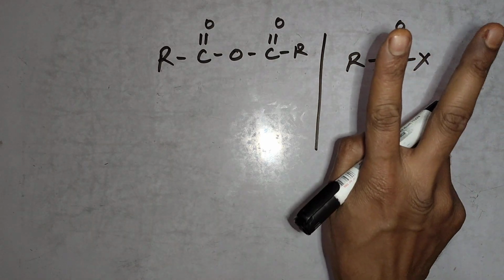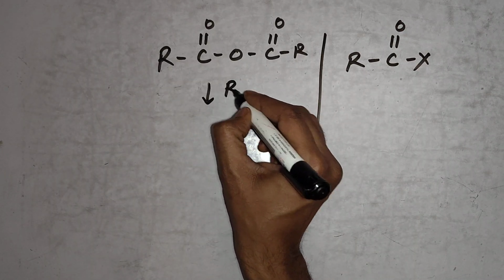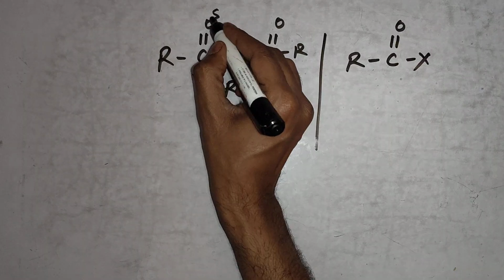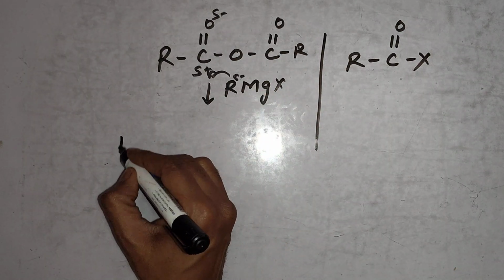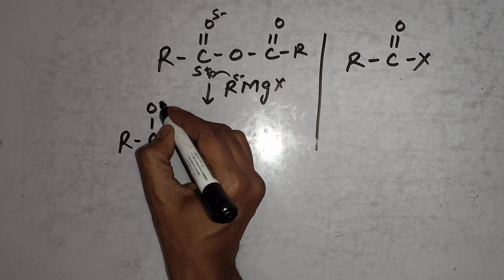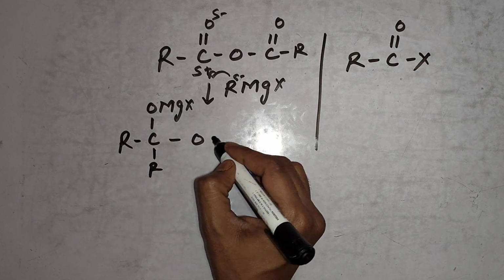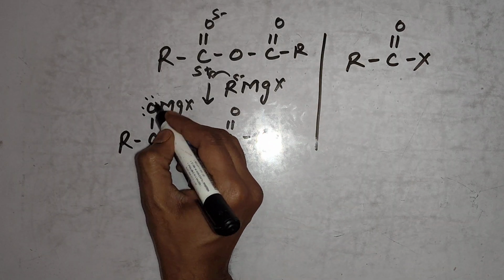Two molecules of RMgX will be required here. Let me show you. First RMgX, positive, negative. R negative will attack on this, pi electrons will shift. The condition will be O, MgX, R will join here. This is the product which we are getting.